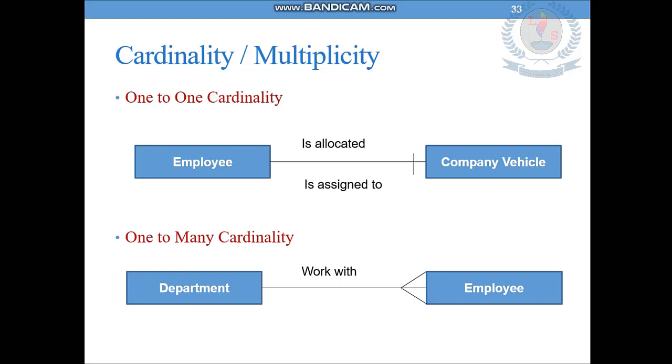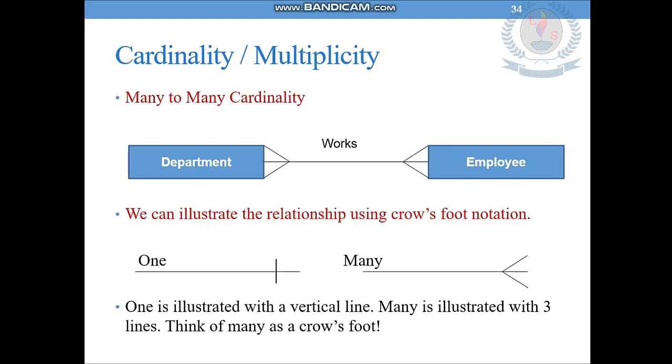One department works with many employees, so many employees can work in one department. The next relationship is many-to-many cardinality: department and employee. Many departments can have many employees, and many employees can work for many departments.